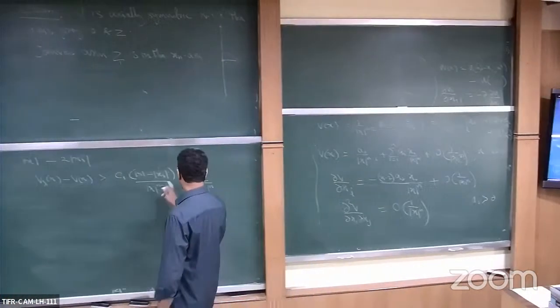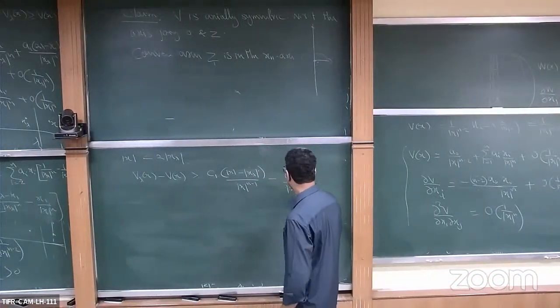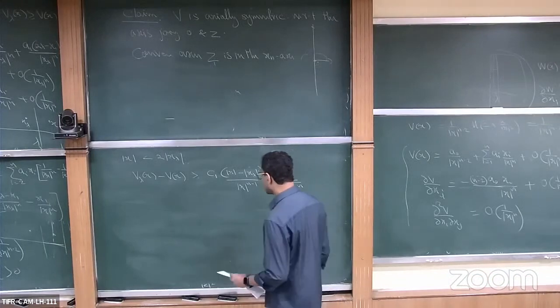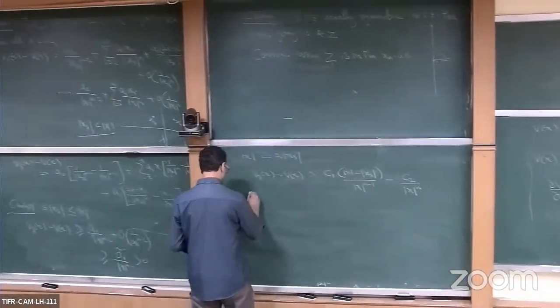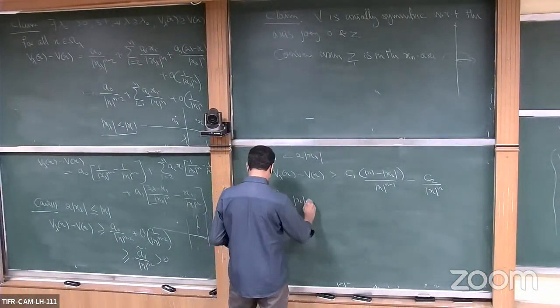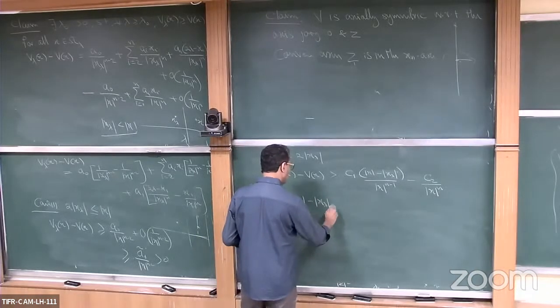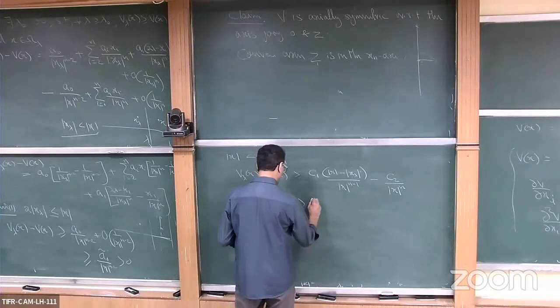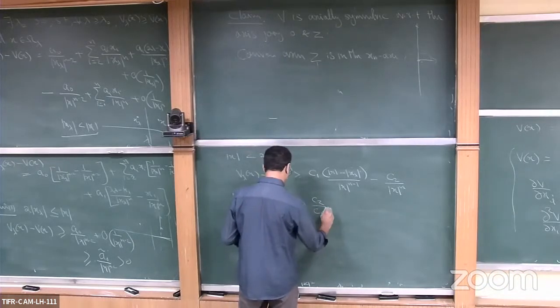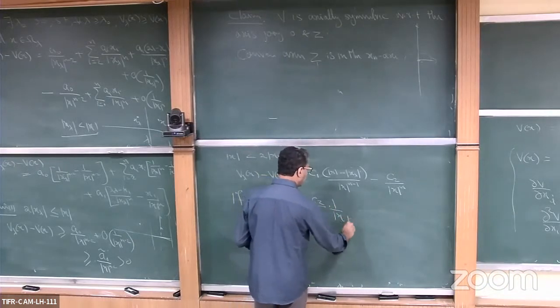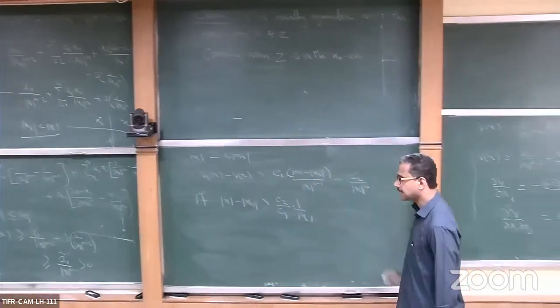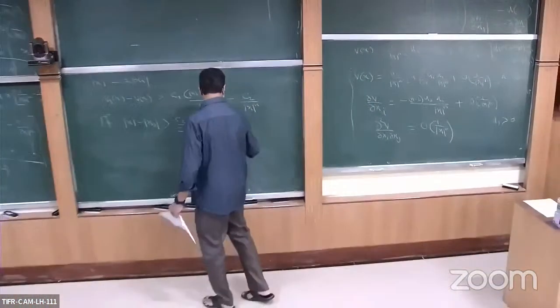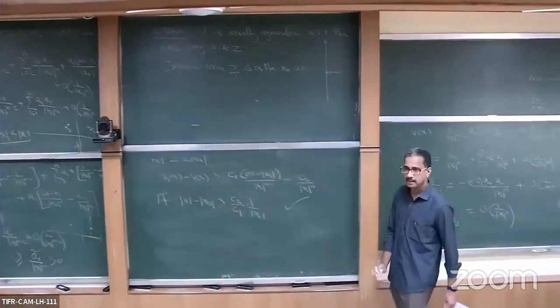Now you can see that, for example, you can compare here, there's an extra one. So if you can show that now, if mod x minus mod x lambda, this quantity, is greater than C2 by C1 into 1 by, then everything gets adjusted and then you are there.